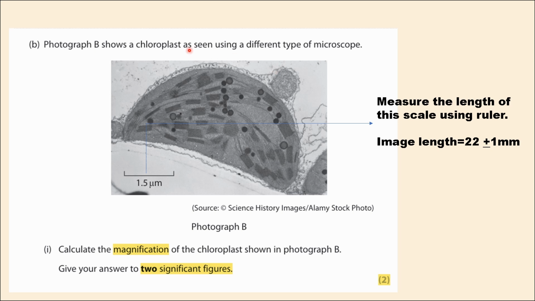And photograph B shows the same structure as seen using a different type of microscope. And I think you almost guessed what type of microscope was used for photograph A and what would be for photograph B. And here, as in the previous one, they first ask you to find out the magnification.